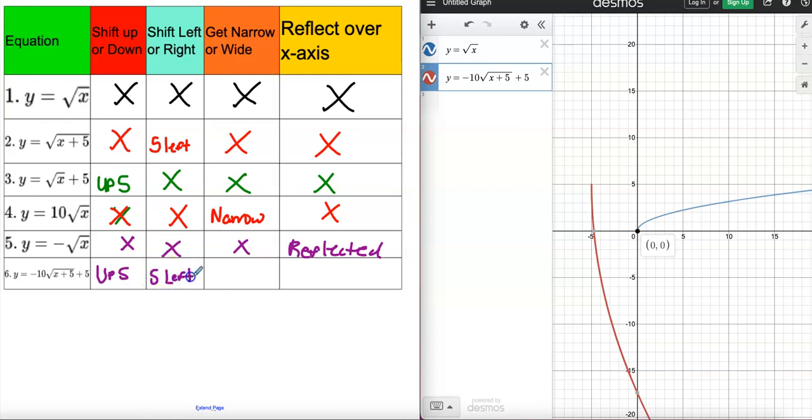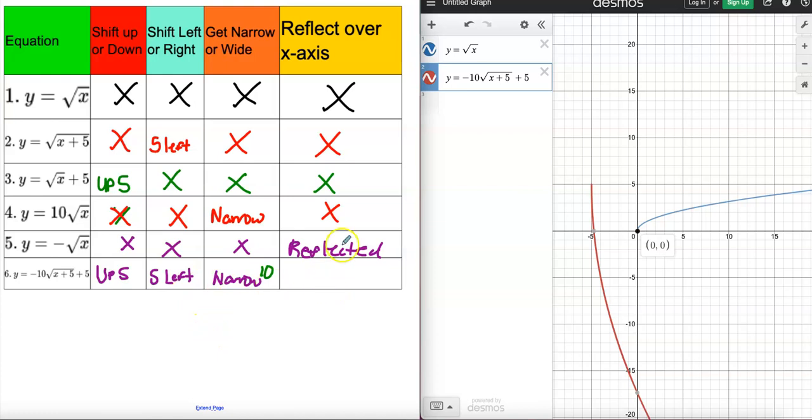All this is happening to this one function. Did it get narrow? Yes, it got narrow also. What caused it to get narrow is that 10. Let's write that 10 beside it so we can remind ourselves that 10 caused it to get narrow.